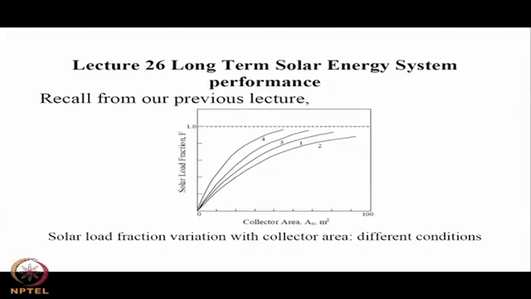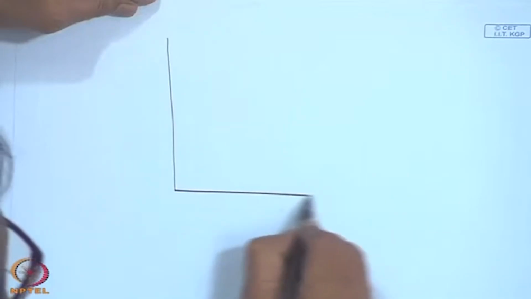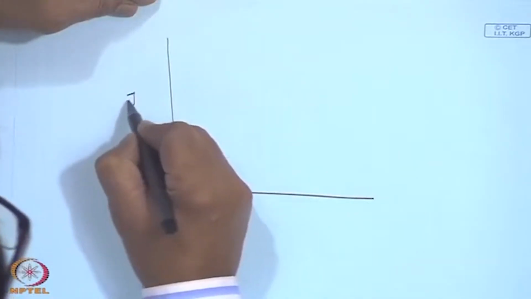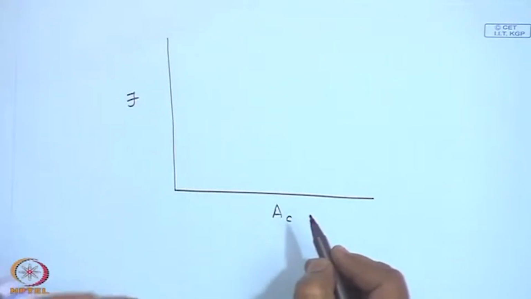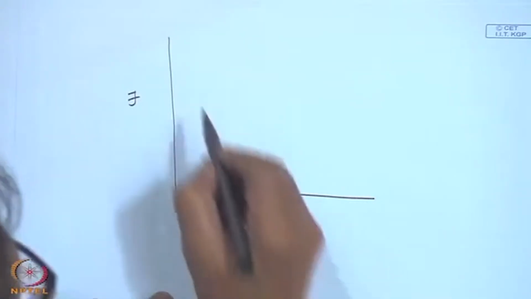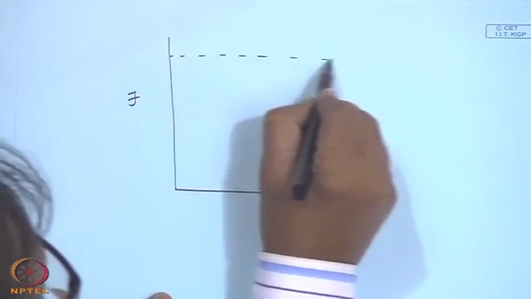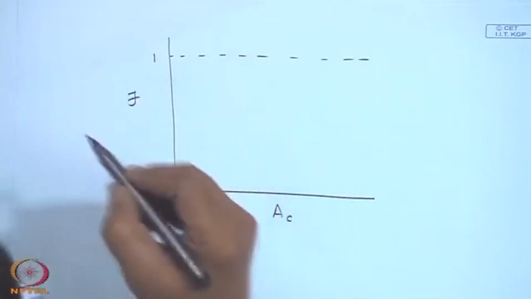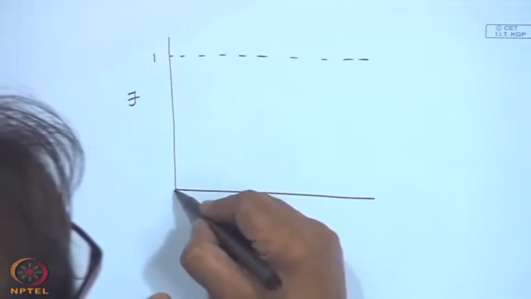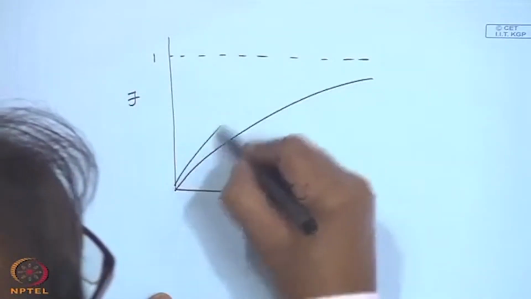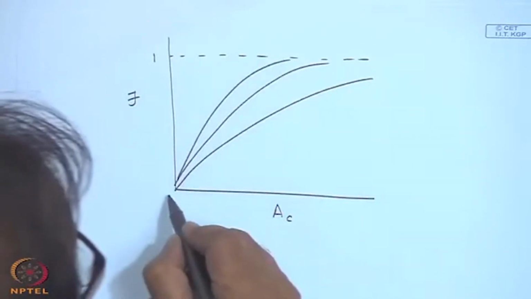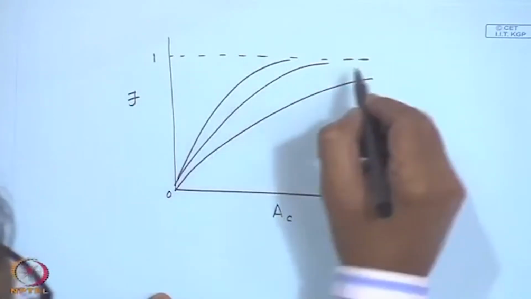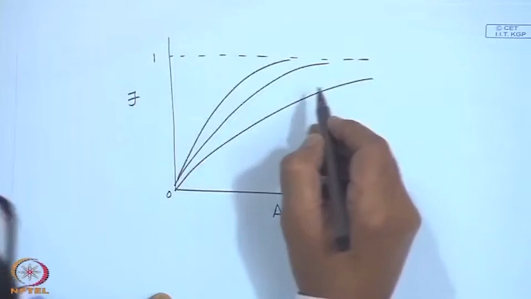So, I have shown curves of yearly solar load fraction versus the main parameter being the collector area, and this is 1, it can't be more than 1, and you have got several curves like this asymptotically starting from 0 and going to 1 as area increases.